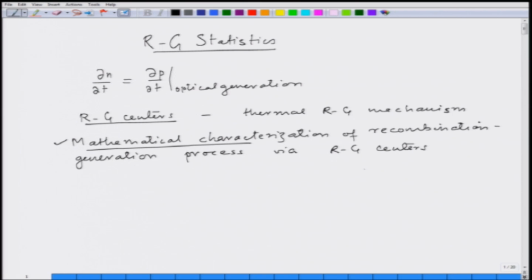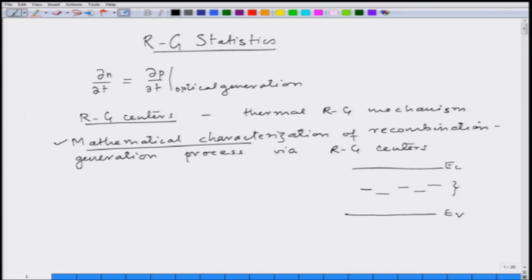Now, in the band diagram, you know that for a semiconductor you have conduction band, valence band edge, then either you have donors or acceptors, and then we mentioned that if you have centers in the middle, these act as traps or R-G centers.